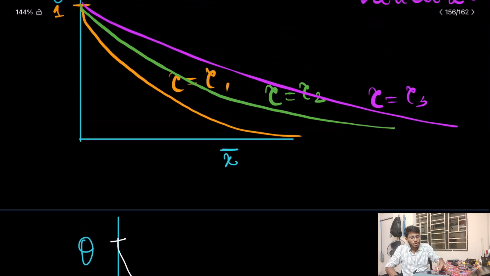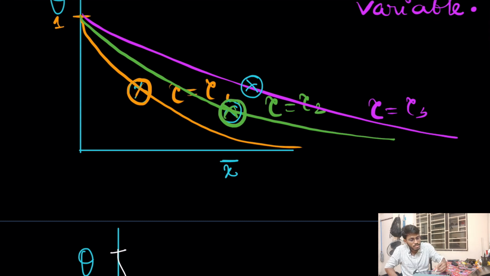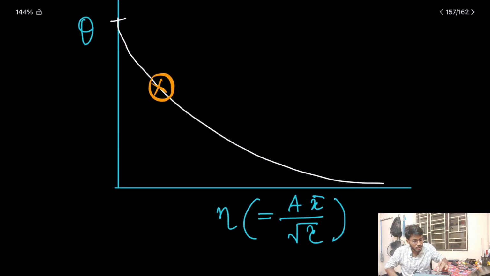Okay, so all these graphs, if I take any point here, maybe I am taking this point and this point and this point. So I will represent this point with this color, this point with green color, and this point with this pink color. Okay, so then all those points will lie on a same graph.